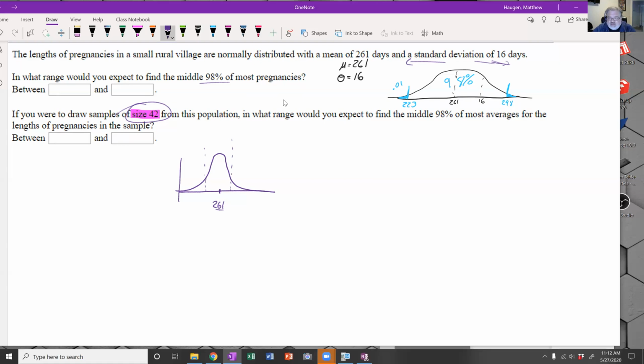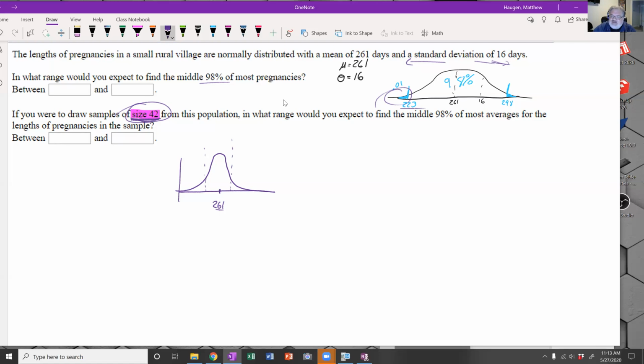Not a lot, but you're going to get 1% of the people that come in at less than 223 days. When you average 42 people together, yeah, you're going to get some of those really short and really long values, but when they go into the average, they're going to be averaged out. They're going to be mitigated by the other 41 data points that you're looking at. Fair?